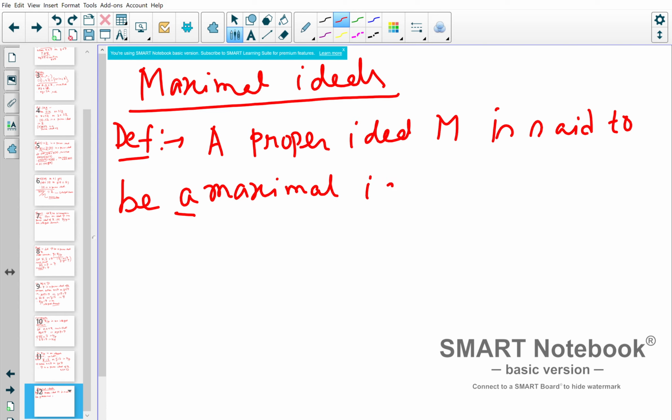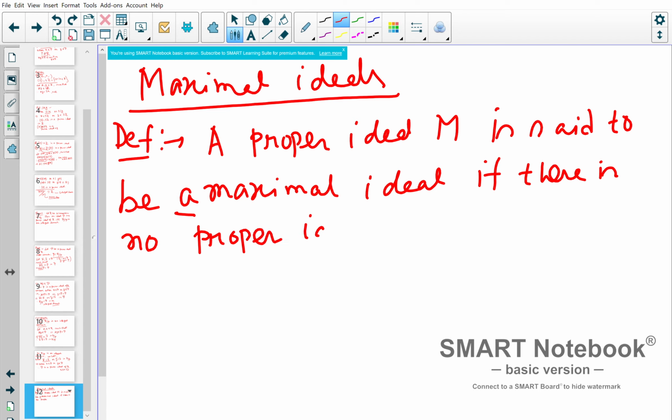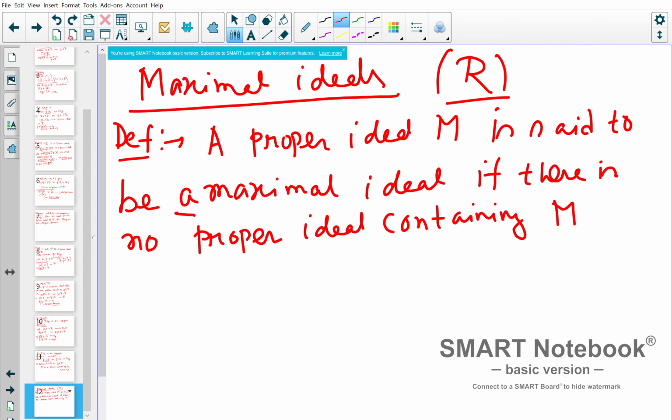A proper ideal M is called a maximal ideal if there is no proper ideal of R containing M. Here R is a commutative ring, which I am already assuming, and M is a proper ideal, which we also assume.